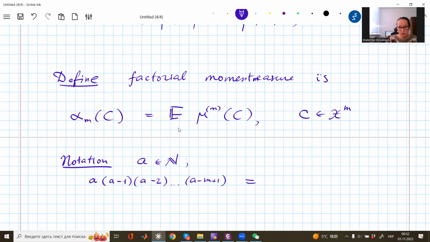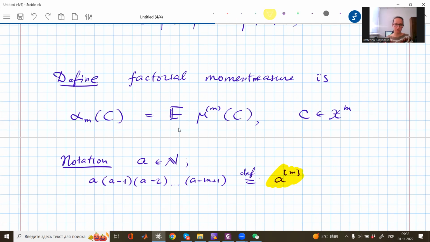I denote this just by definition by A to the power m, but with square brackets. So this is for notation. This is the so-called factorial power of the number, and that's why we have this notation like a factorial moment of the measure or factorial product of them.